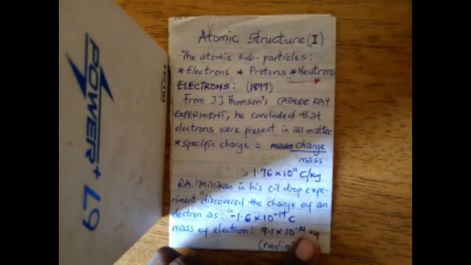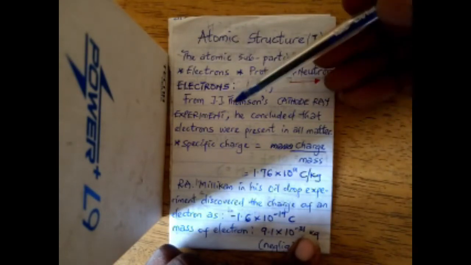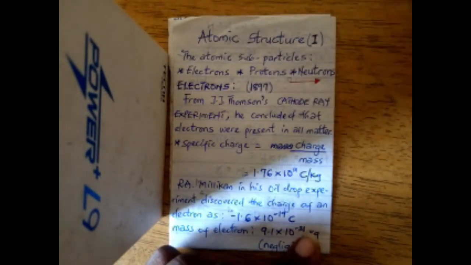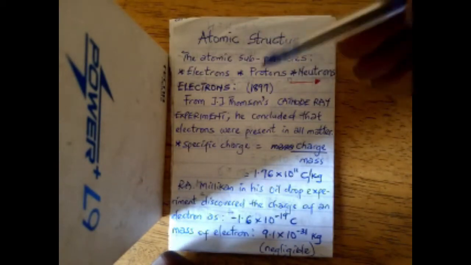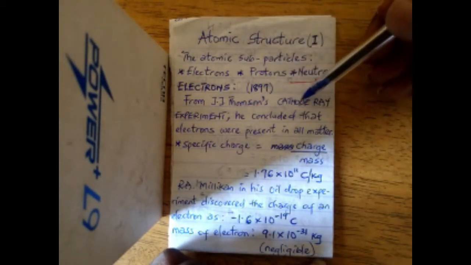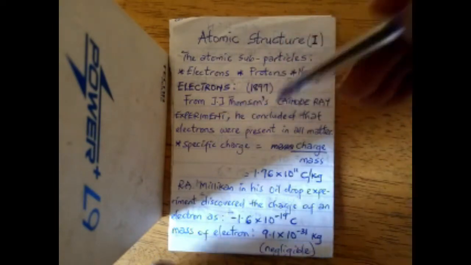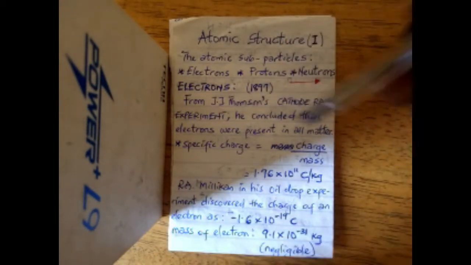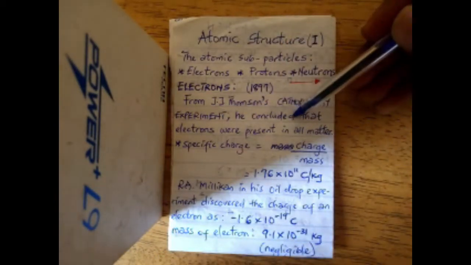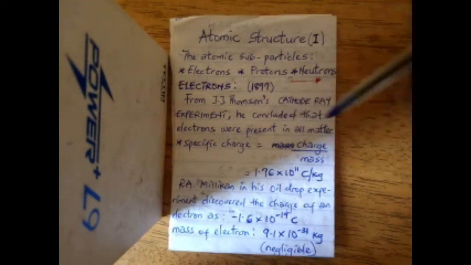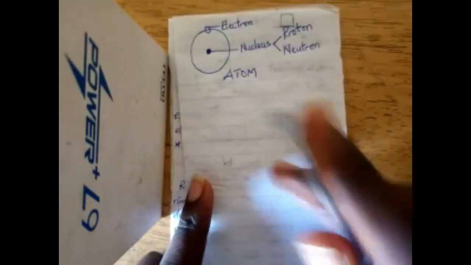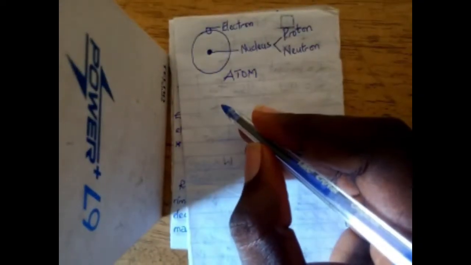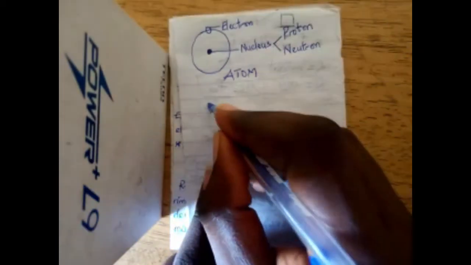So an electron was discovered from a simple experiment which J.J. Thomson carried out years back, which is the famous experiment known as the Cathode Ray Experiments. In this experiment, J.J. Thomson was able to conclude that electrons were present in all matter. This was a very simple experiment which Thomson carried out.